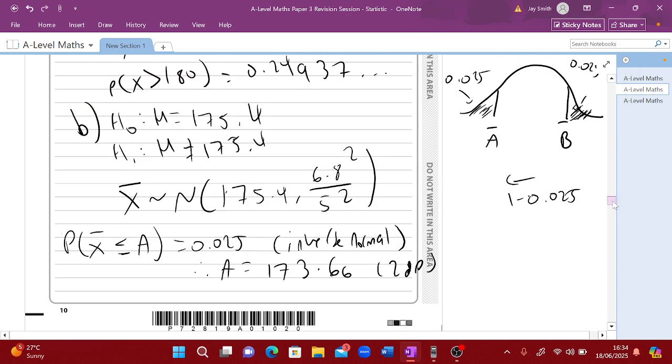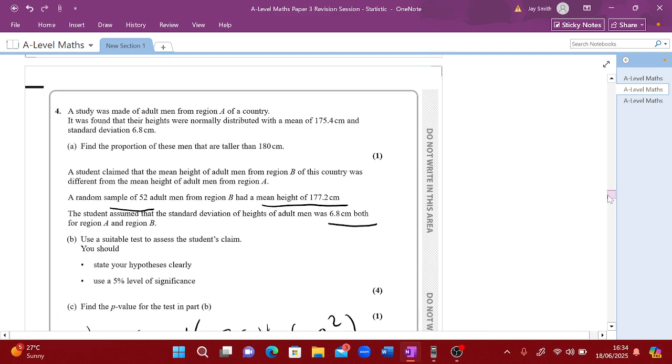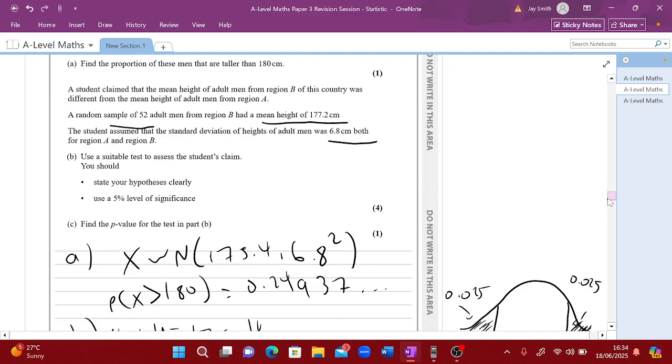I don't know. I'm pretty sure that's the right approach, the method for it.